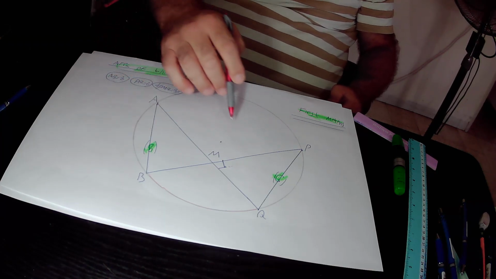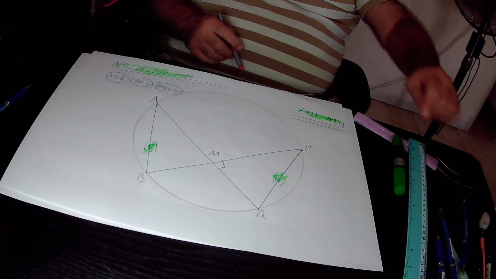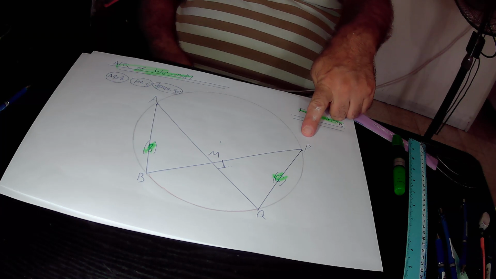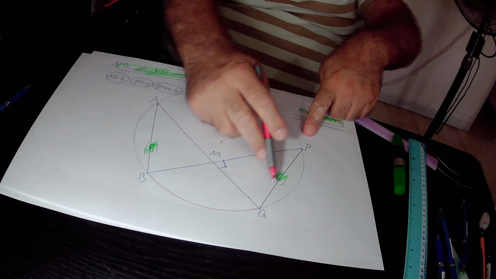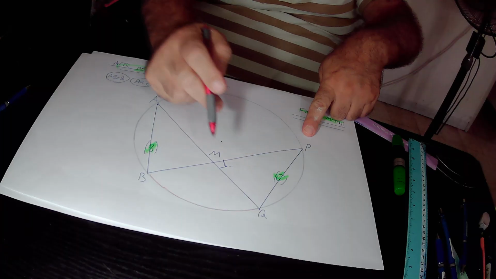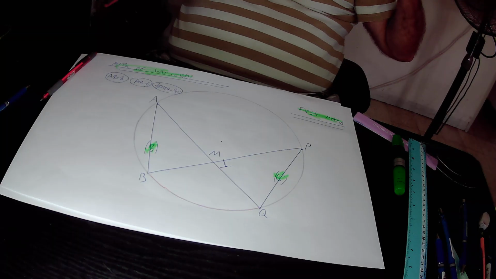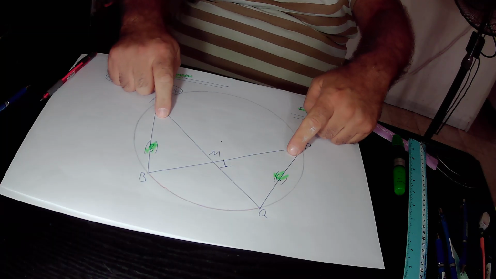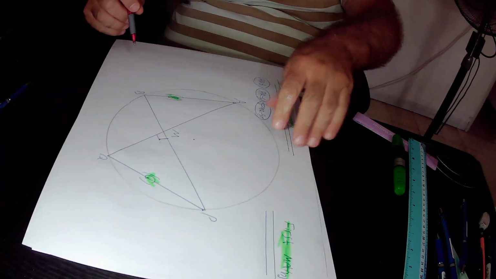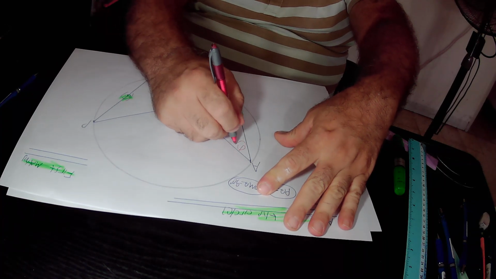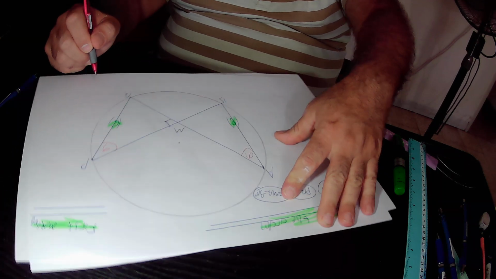Again, peripheral angle BAQ subtends on the red arc BQ. Likewise, this is peripheral angle BPQ that subtends on the same red arc BQ. And according to Rule 29, because those two peripheral angles subtend on the same arc, they must be equal to each other in their sizes. So if we define the size of this angle as alpha, then the size of this angle must also be equal to alpha because they are equal to each other according to Rule 29.